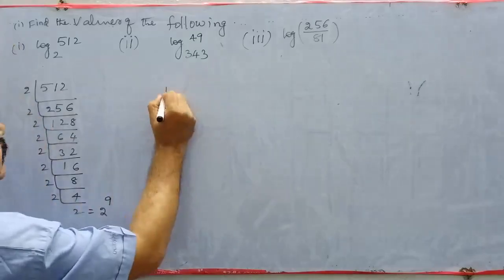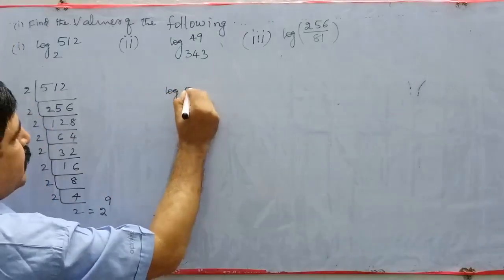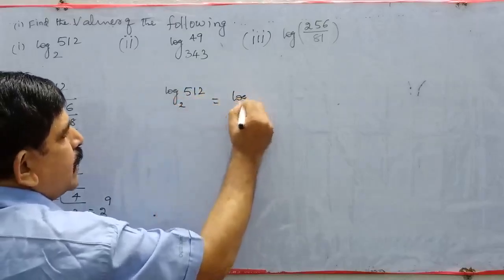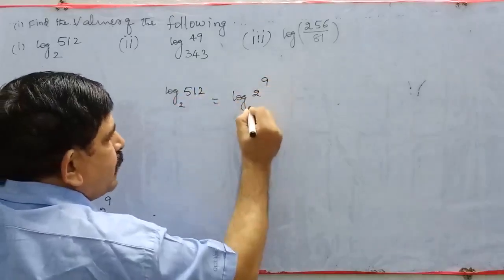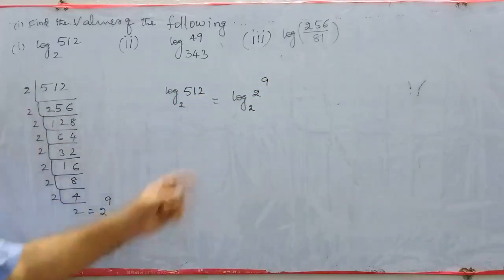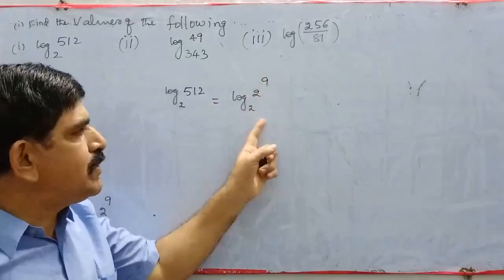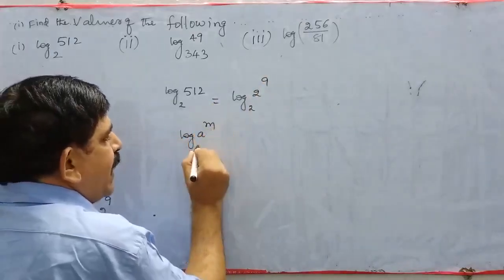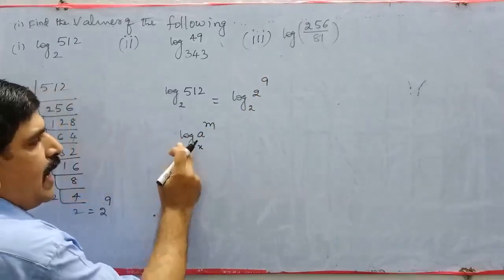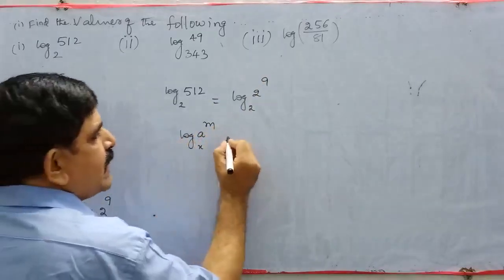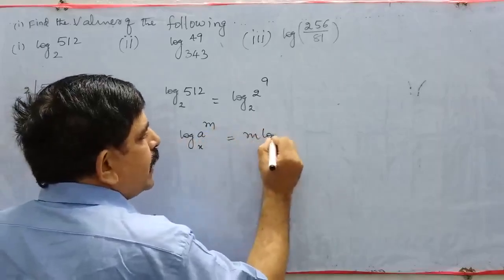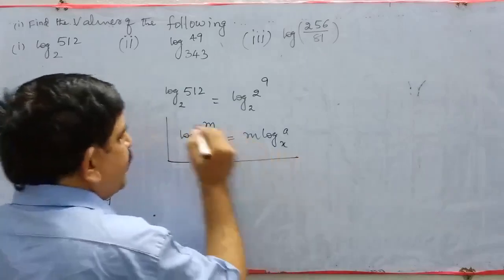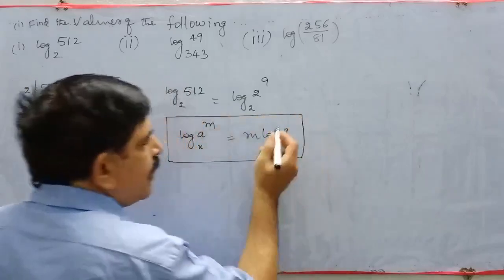So log 512 base 2 can be written as log 2 to the power of 9 base 2. Now this is in the form of log a to the power of m base x, which is equal to m log a base x.